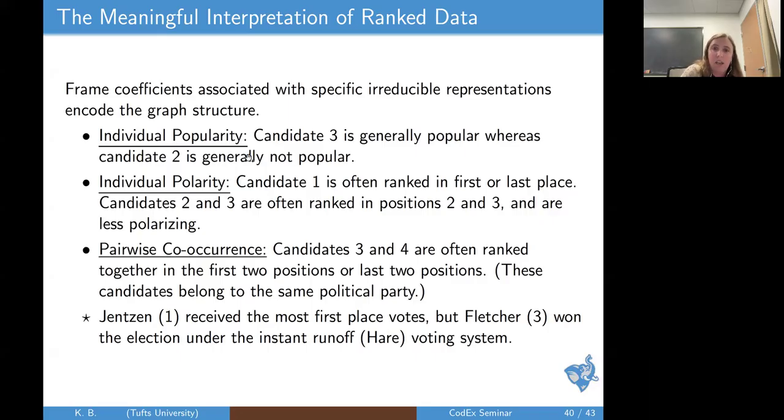Interestingly enough, even though Jensen, who was the first candidate, received the most first place votes, as they noted, candidate one was quite polarizing, so it did receive a lot of first place votes, but also last place votes. And in Minneapolis, they use an instant runoff voting system, so it's not a plurality, it's not the person who received the most votes, but instead it ended up being Fletcher, the third candidate, who through this analysis we saw was generally the most popular.